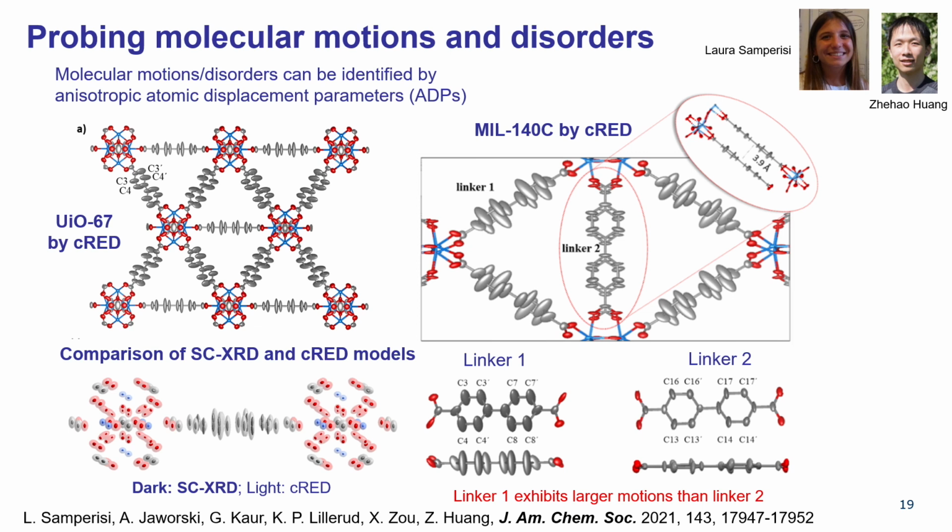But more interestingly, if you look at the 140C structure, we find that in this structure there were two linkers, linker 1 and linker 2, and they have very different anisotropic displacement parameters, the ADPs.